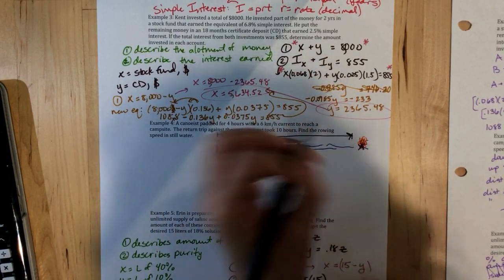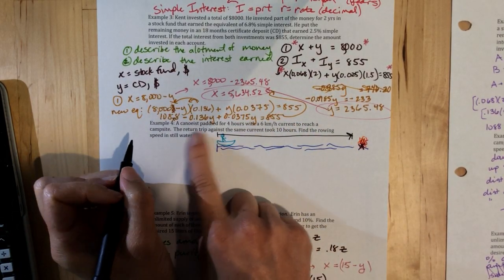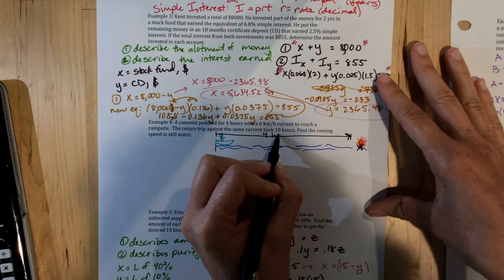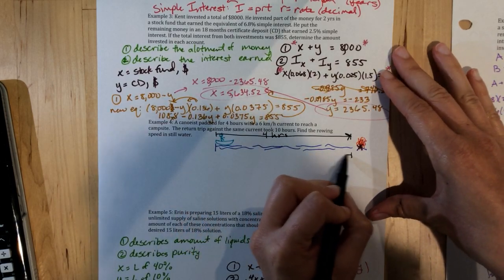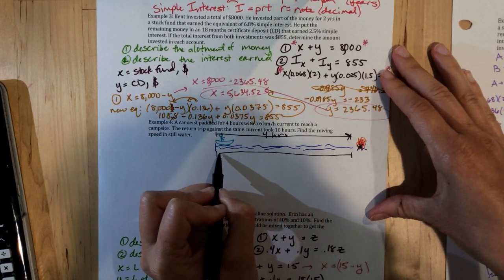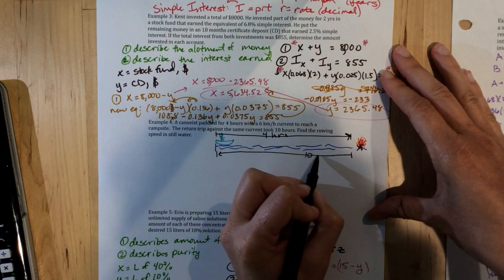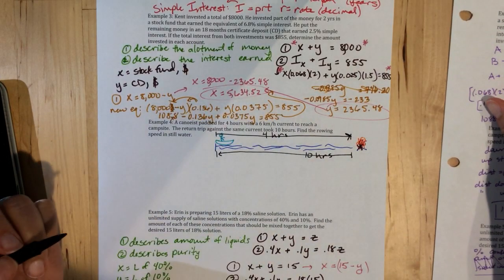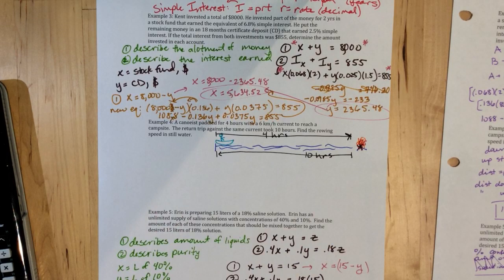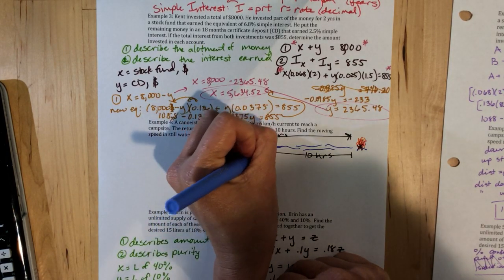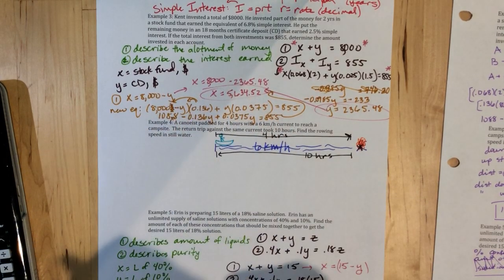So, how long did it take us to get there? Let's see, 4 hours. And then the return trip home took us 10 hours. I know that the speed of the water is 6 km/h.